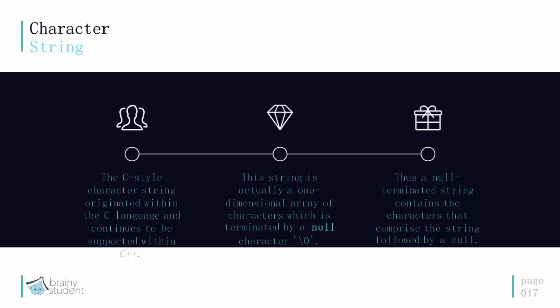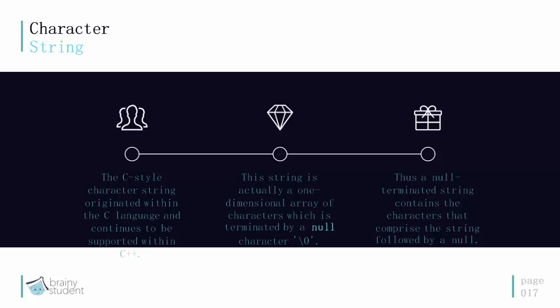Thus, a null terminated string contains the characters that comprise the string followed by a null. So basically a new data type is considered, that is a character string, which is used to represent a sequence of characters regarded as a single data item.